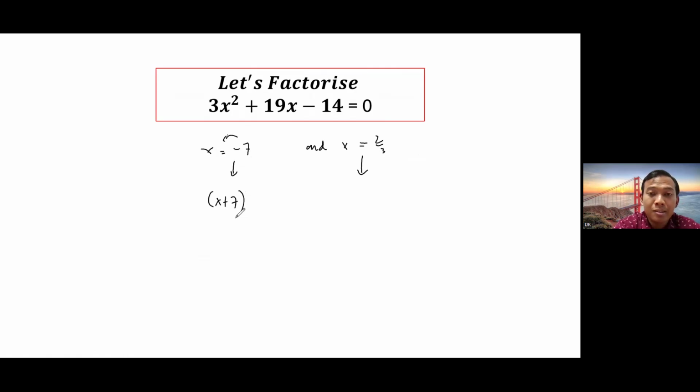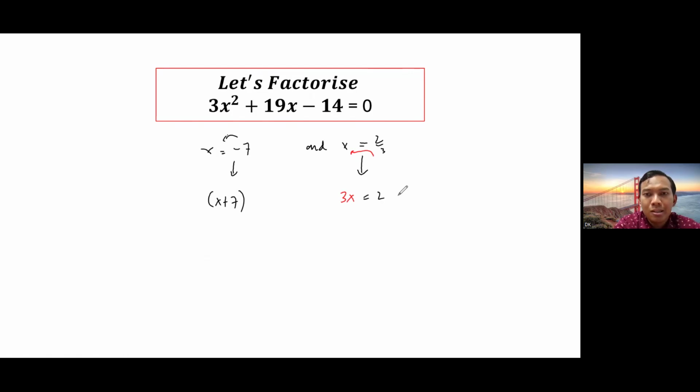Now this is the new thing, a bit different from the previous bracketed forms: you get a fraction instead. So how do we do that? You simply cross multiply. So 3 times x gives 3x, equals 2.